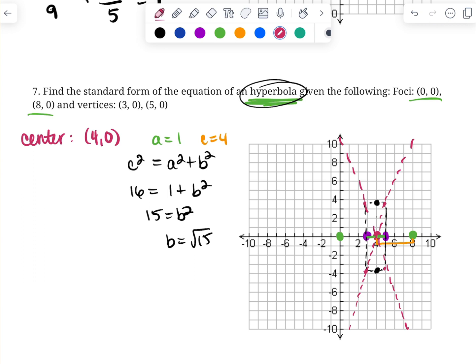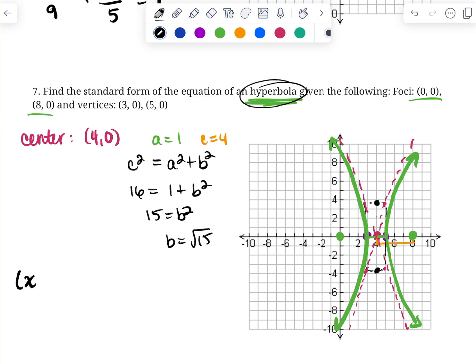Which way does this open? Because that's going to help me determine how I write my equation. Well, given the fact that the foci are on the right and the left, this hyperbola has to open towards those foci. So if it's a left-right opening hyperbola, that means we're going to start with x first.